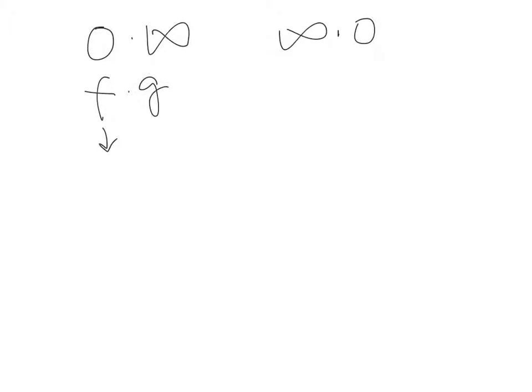In this video, we're going to look into two more indeterminate forms. One of them is called indeterminate product, which is in the form of 0 times infinite or infinite times 0. Say if I have two functions, f times g. If f goes to 0, g goes to infinite, I always can write one function as reciprocal function, flip it to the denominator.